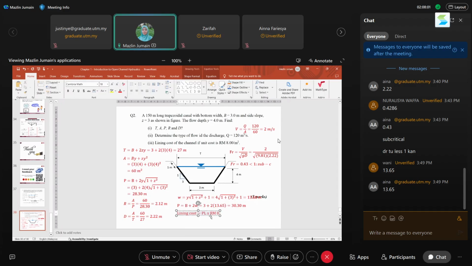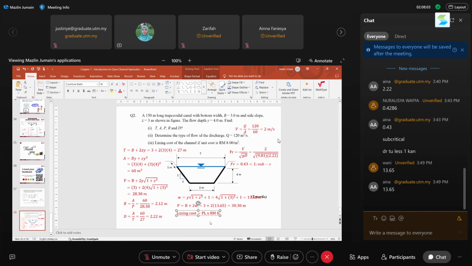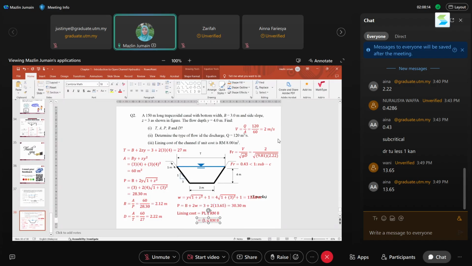Okay. So P equal to 30.3 and then L, we have 150 times with 8 ringgit.